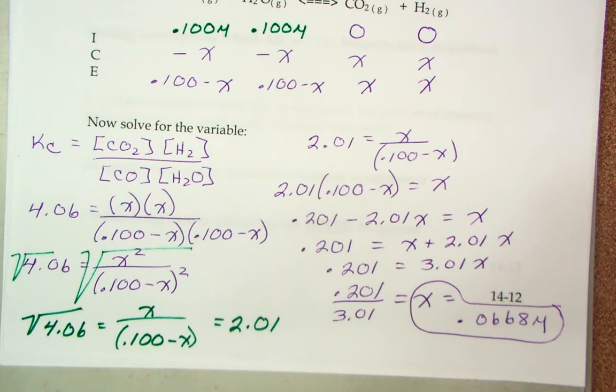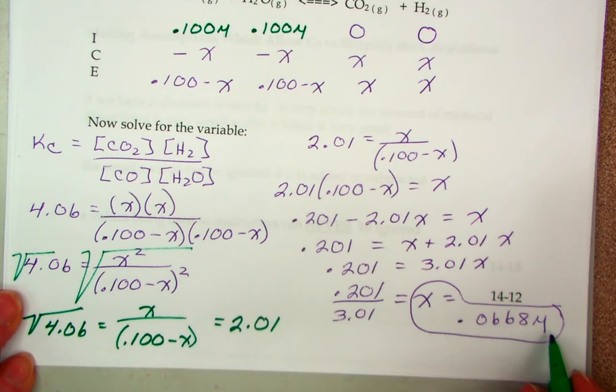Now that's great, I found X. But this problem didn't say what's X. This problem said, what are the concentrations of all the reactants and products at equilibrium? So now I have to take X and go back up to my equilibrium line on my chart. I know what X is, 0.0668 molar.